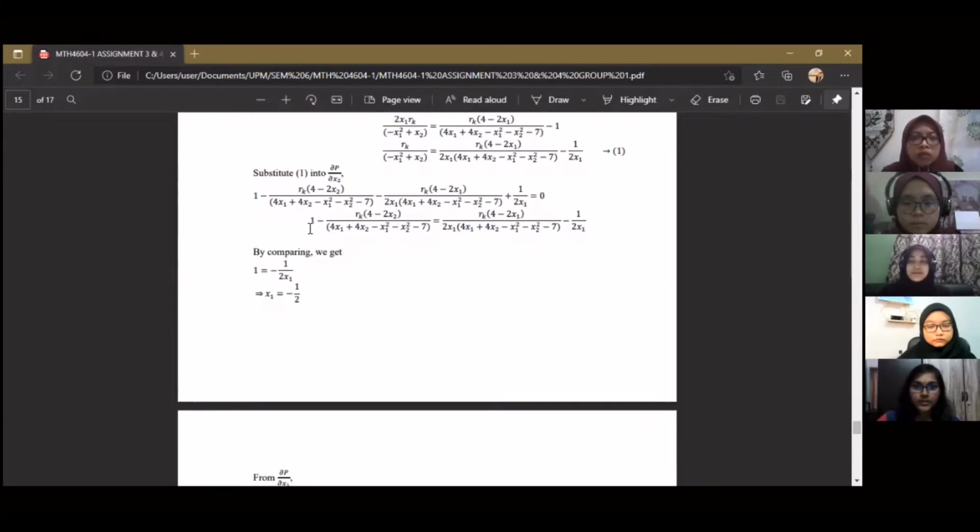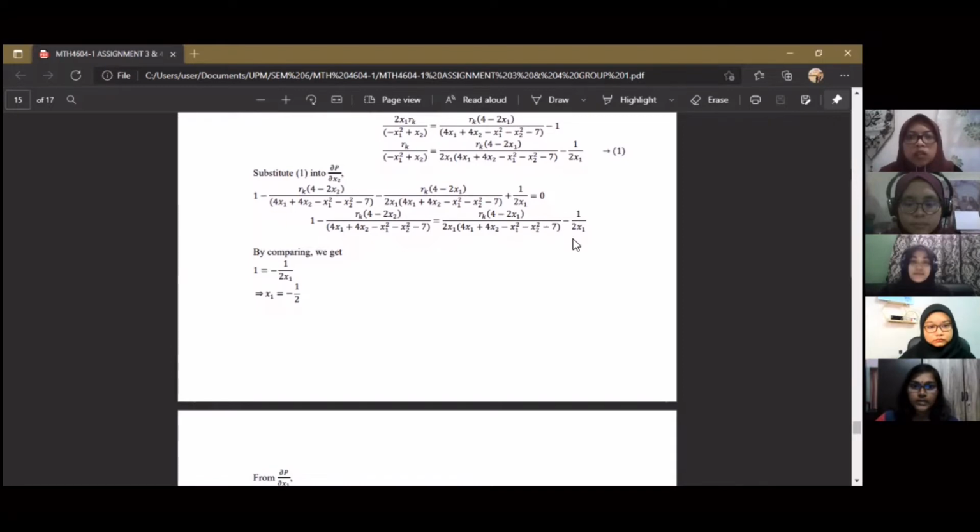And then we take the rk (4 minus 2x1) over 2x1 to the other side of the equal.